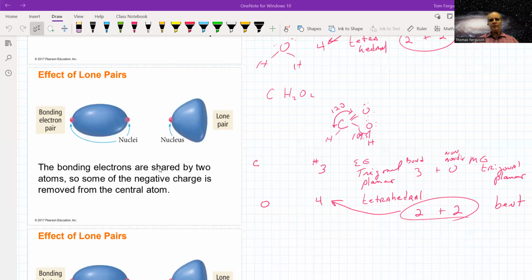Okay, so I'm going to pick up where we left off last time, and I want to talk about a bond between two atoms versus a lone pair. Now, in terms of, we're going to call it bond distortion.